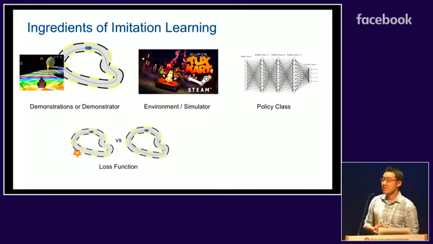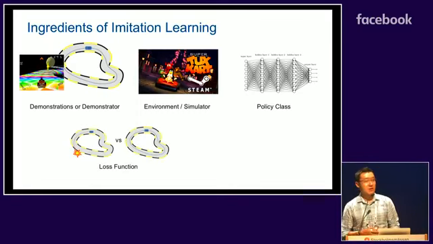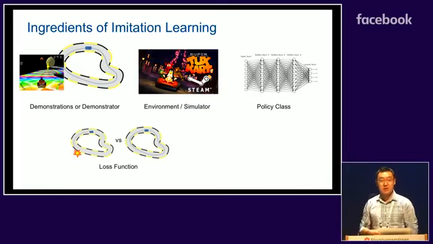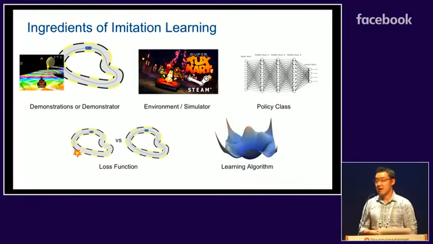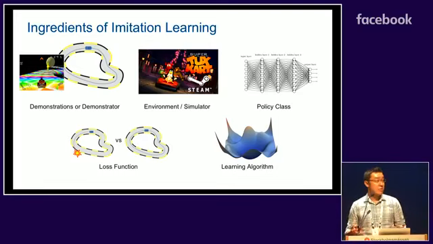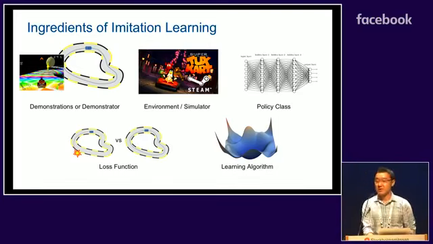You define a loss function, an imitation loss function that characterizes the mismatch between a trajectory that your policy executed in this environment versus an expert demonstration. And finally, you use a learning algorithm to optimize for a policy within your policy class within this loss function and this training set. So that's imitation learning in a nutshell. You can think of it as a variant of supervised learning, where instead of predicting a single example IID at a time, we're learning to predict a sequence.